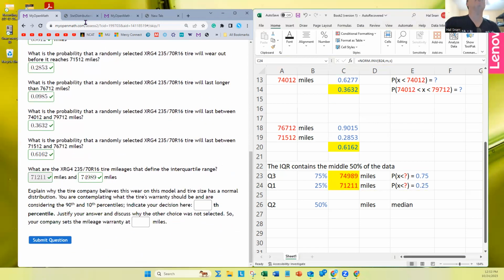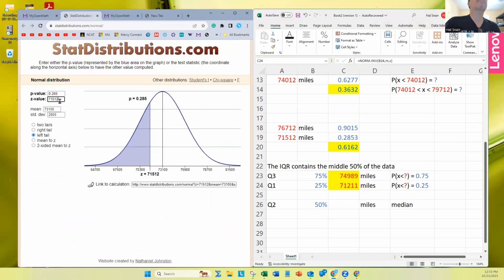And then we'll verify that with statdistributions.com, right? So I can make this 0.75. So the 75th percentile is 74,989, right? I can copy this number and I can paste it right here. Right?